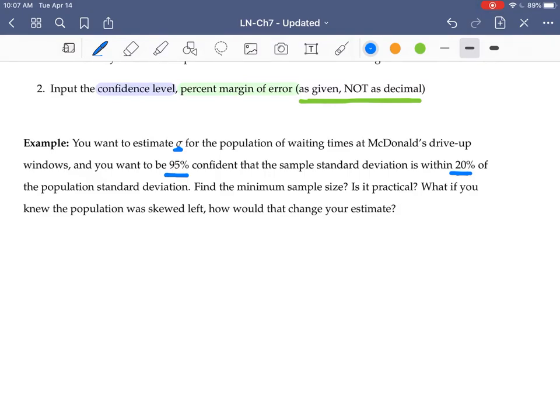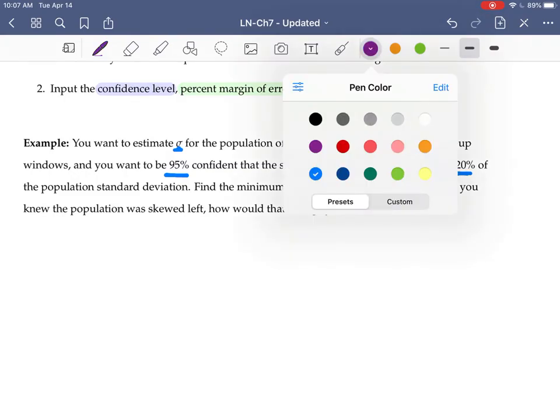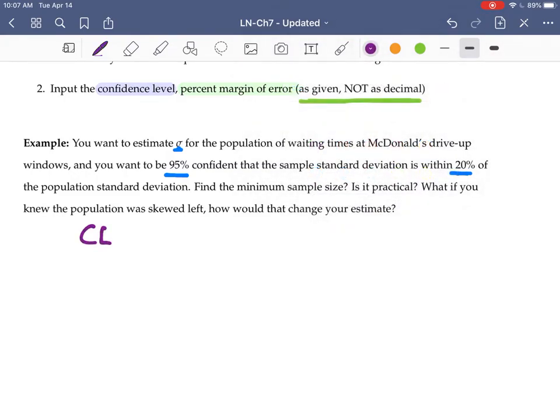So our confidence level that we are going to have here is 0.95, so a 95% confidence level. Our percent margin of error is going to be that 20%. And so we want to find the minimum sample size that's required.